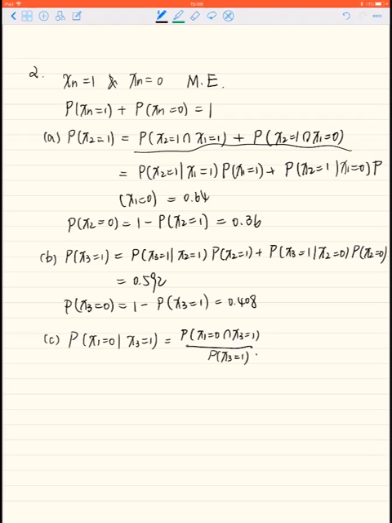The denominator we already know, we just have to figure out the numerator. The numerator should be transformed into the probability that X3 equals 1 given X1 equals 0, times the probability that X1 equals 0, then divided by the probability that X3 equals 1.